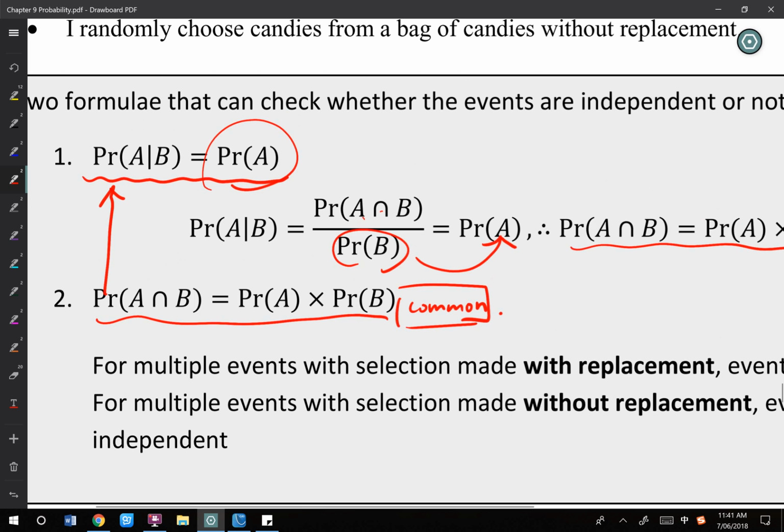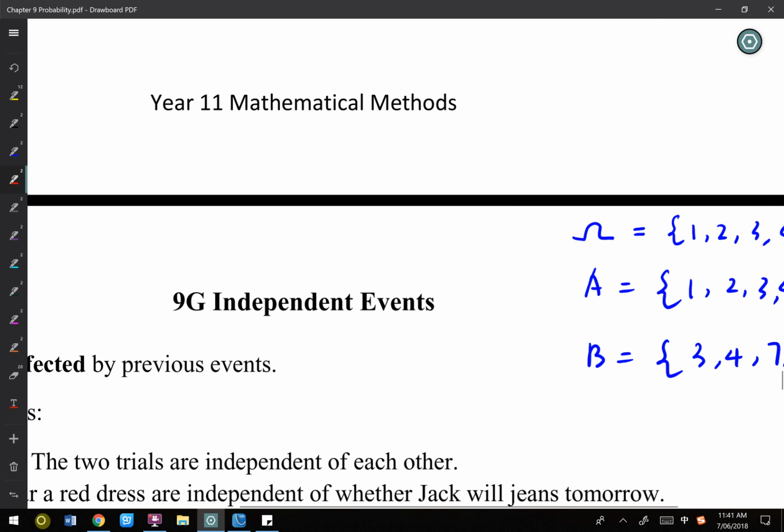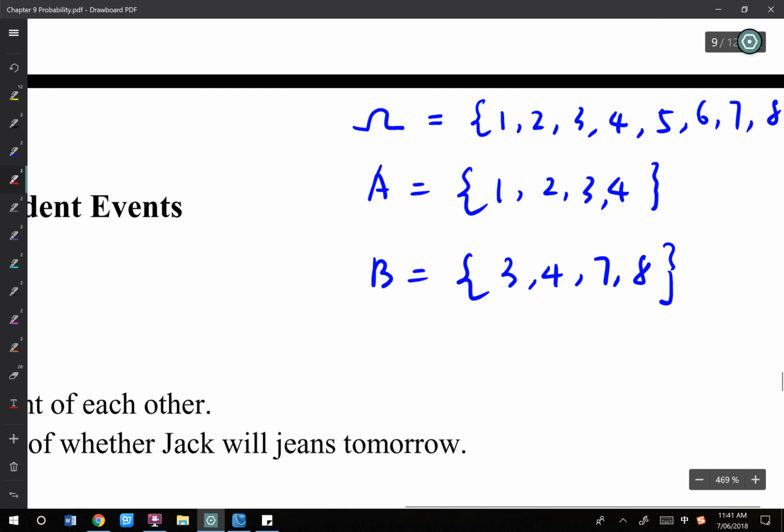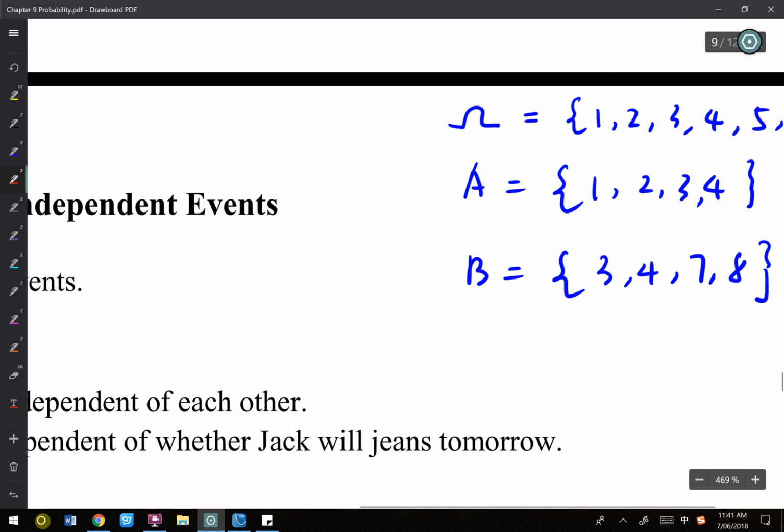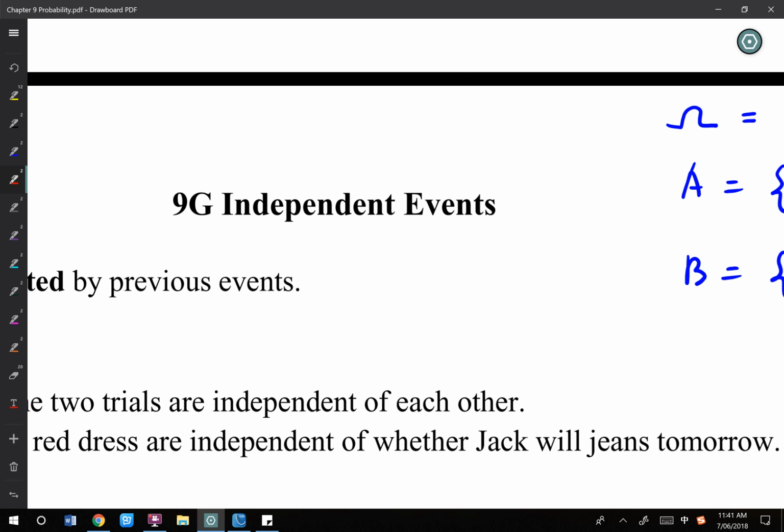So let's go to the top. Another thing, please listen. What are mutually exclusive events? No intersection, right?